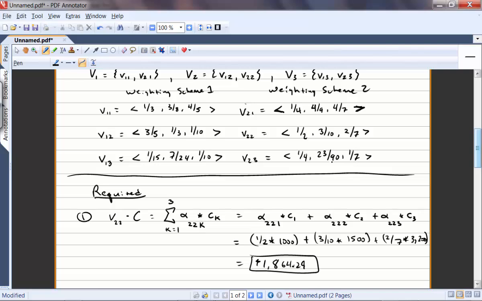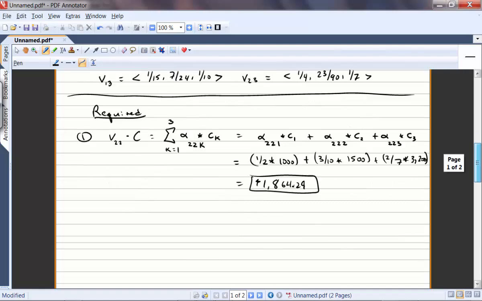So 23/90 has got to be less than 1/3. 3/10 is also less than 1/3, right? Because 3/9 is 1/3. 3/10 is 0.3. 23/90 is something less than 0.3, I believe. But it doesn't really matter because we know that 4/9 is bigger than both of those. So no matter which weighting scheme we use, customer 1 is the most costly in terms of fixed costs.